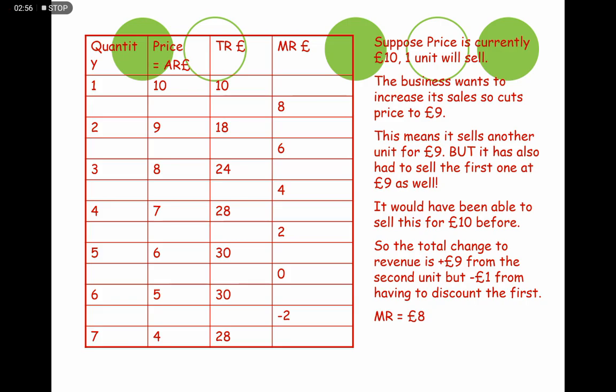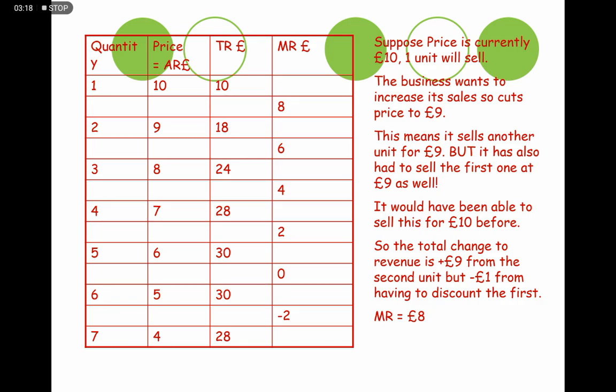So I'm losing £1 from that person because he was going to pay me 10, but the next customer is going to buy a product for £9, whereas previously they weren't going to be a customer at all. So I'm plus £9 from this additional sale, but actually minus 1 because the previous person would have paid me £10, but he doesn't have to anymore.